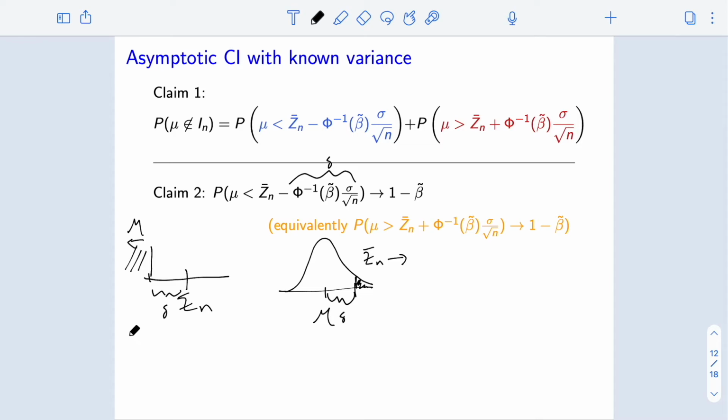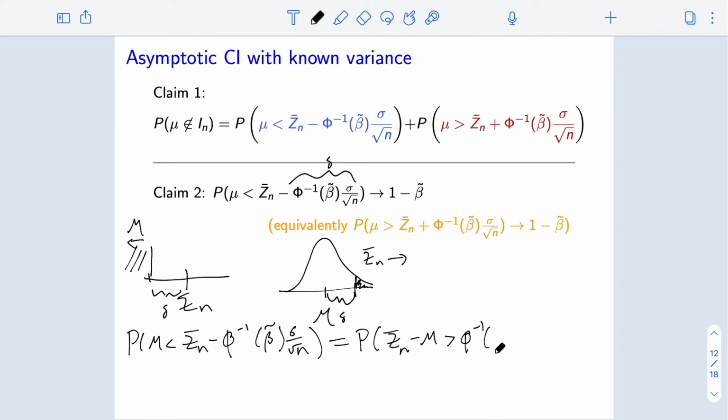All right, so algebraically, what this is saying is that the probability that mu is less than z bar n minus phi inverse of beta tilde times sigma over square root of n is exactly equal, with a little bit of arithmetic, to the probability that z bar n minus mu is greater than phi inverse of beta tilde times sigma over root n.